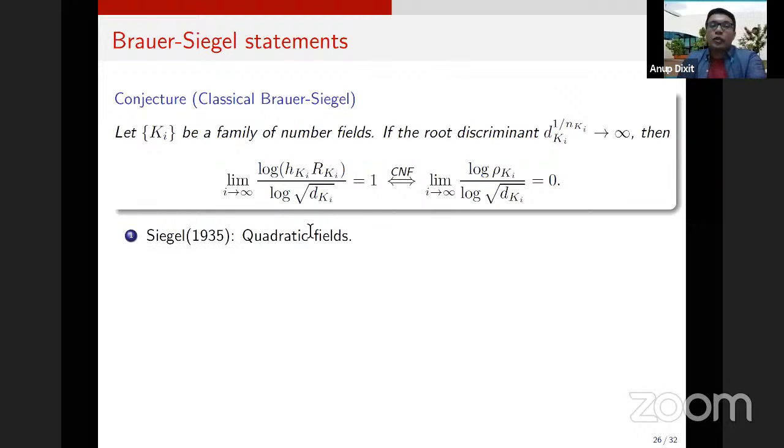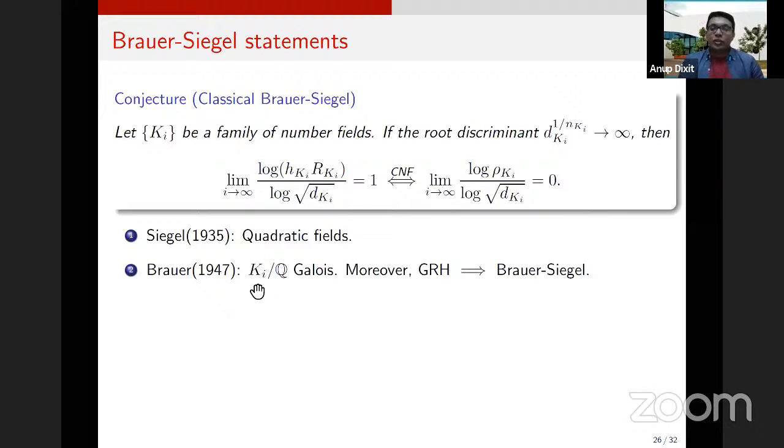Okay, so Siegel proved this for quadratic fields. So this conjecture is known for quadratic fields, and Brauer showed it for Galois fields. And moreover, he also showed that if you assume the generalized Riemann hypothesis, then you get it for all families of number fields as long as this root discriminant goes to infinity.